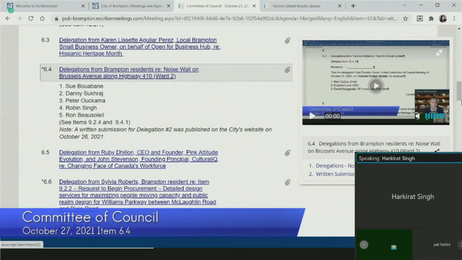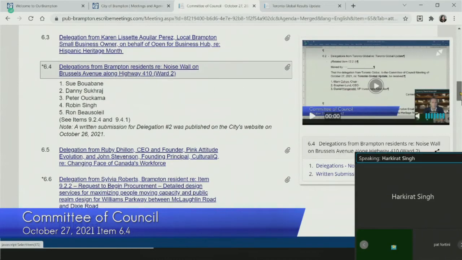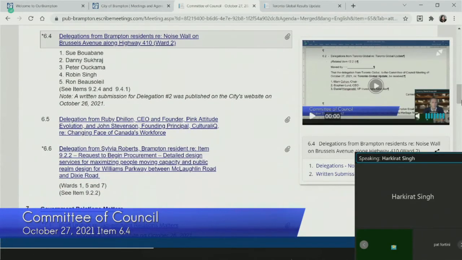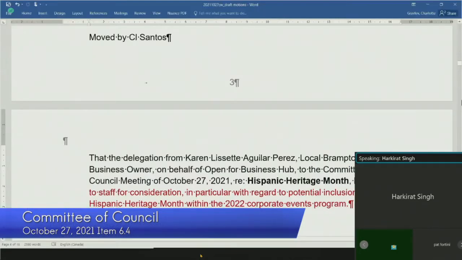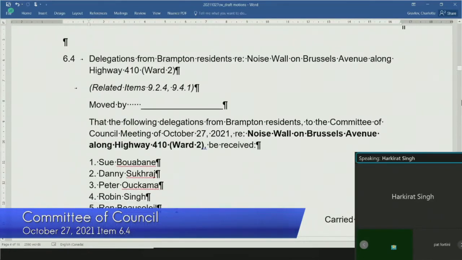After the delegations, we can consider the staff report 9.2.4 and the correspondence 9.4.1 now, or wait until the delegations are completed. I will ask the area councillors what they would like, Councillor Pleshy or Councillor Williams. Okay, so Councillor Pleshy has indicated he would like to speak to the items after the delegation, so we will bring down staff report 9.2.4 and correspondence 9.4.1 after the delegation.